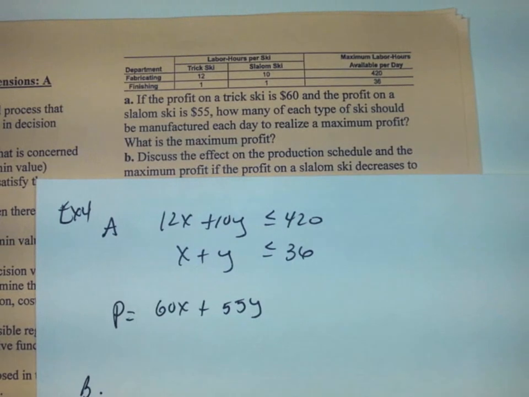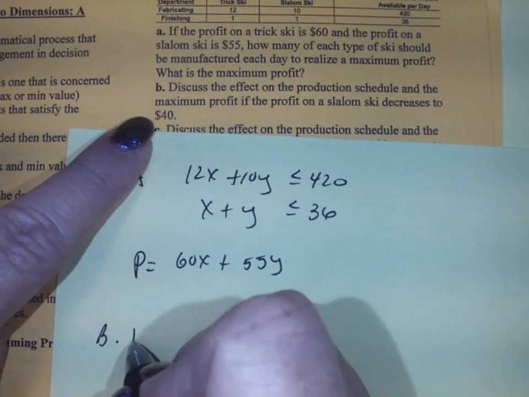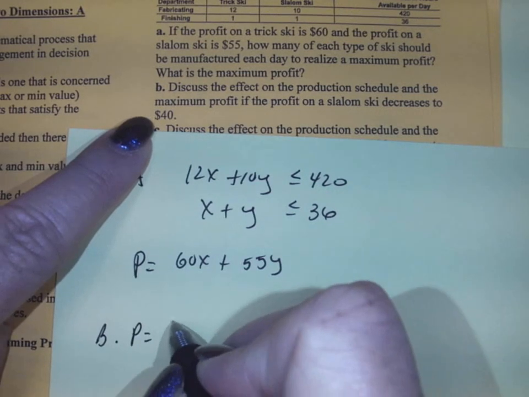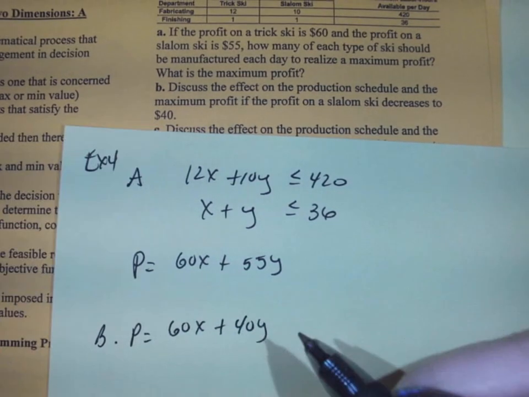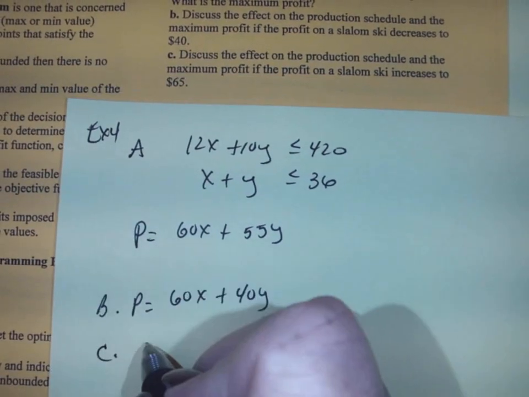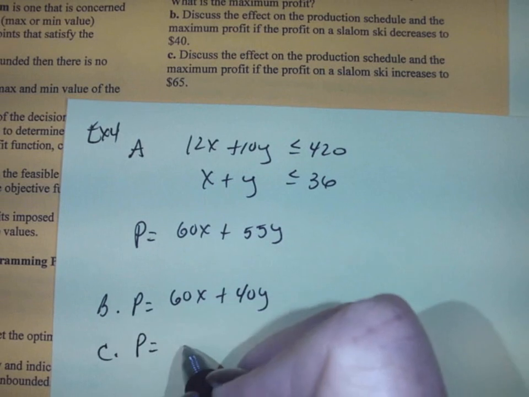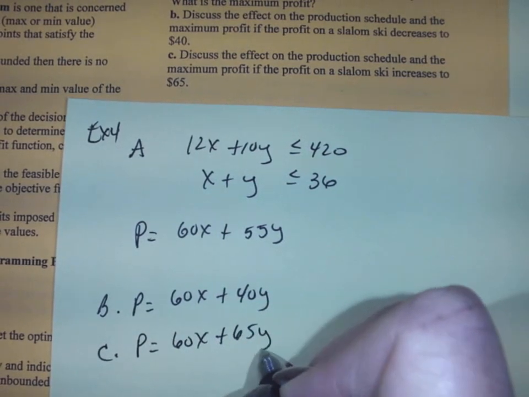For part B, we are changing the slalom ski, so P would be equal to 60x plus 40y. And then for part C, the slalom ski changes again. So P is equal to 60x plus 65y.